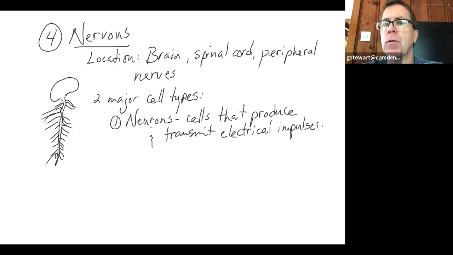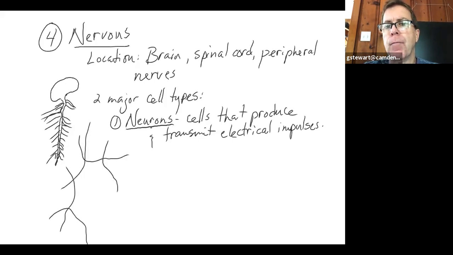And an individual nerve cell or neuron, it kind of looks like this. There's a cell body, and there's all of these branches, they're called processes, that extend away from this cell body.